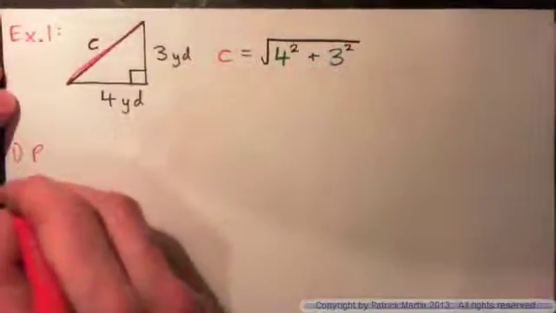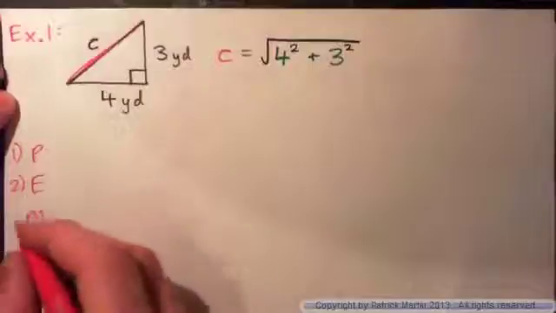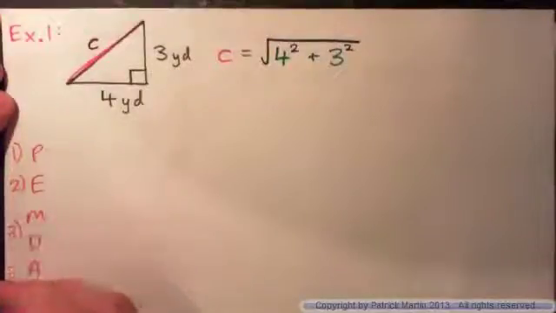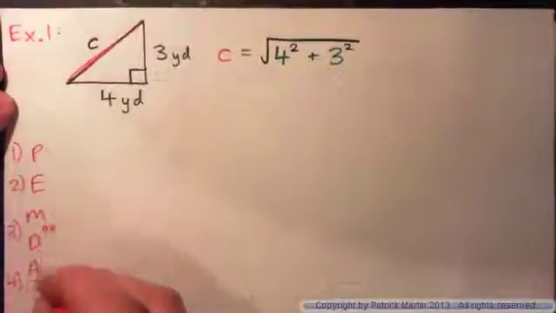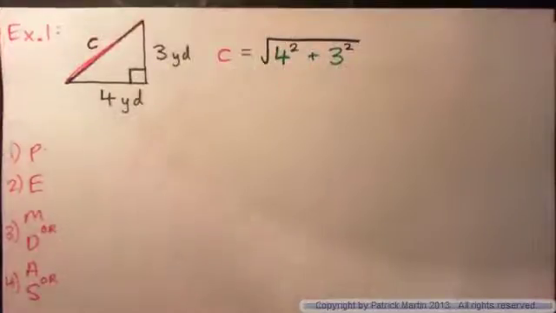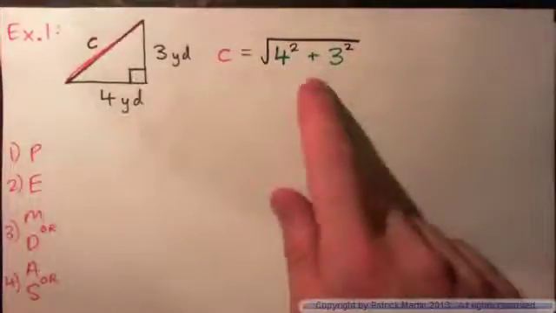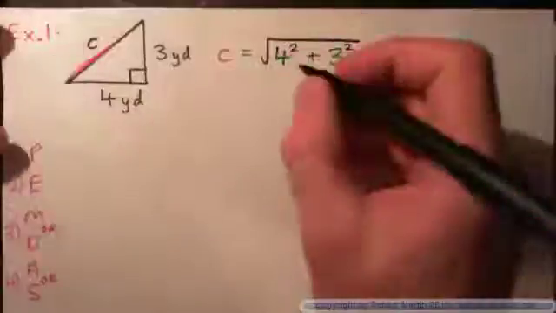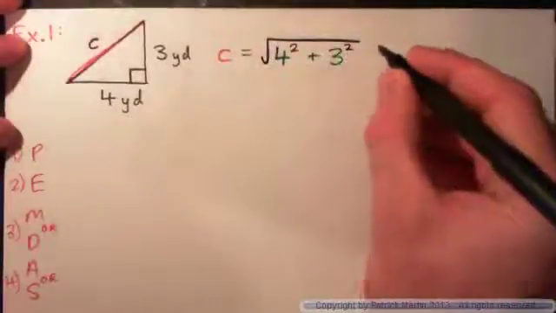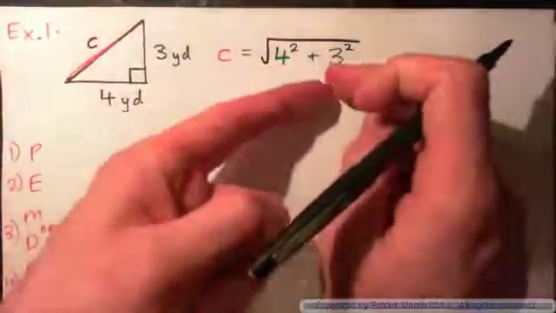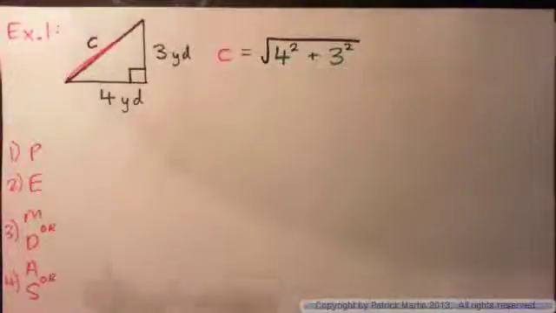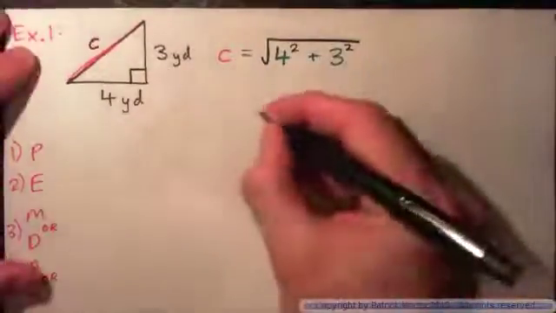So we do parentheses, then we do exponents, and then we multiply or divide and add or subtract, right? This symbol here is just like a parenthesis. So we need to do everything inside here before we take the root.